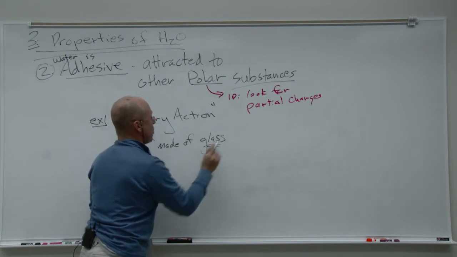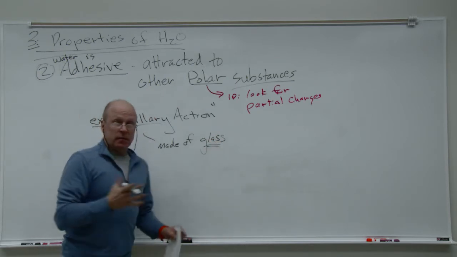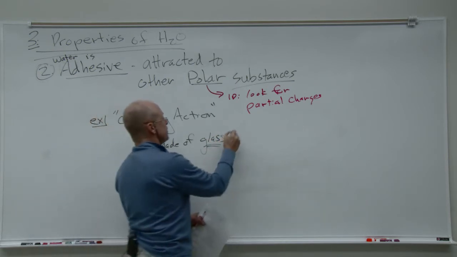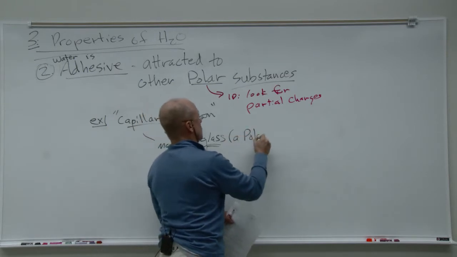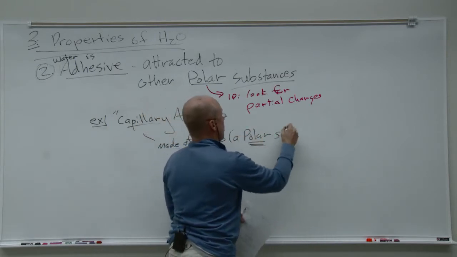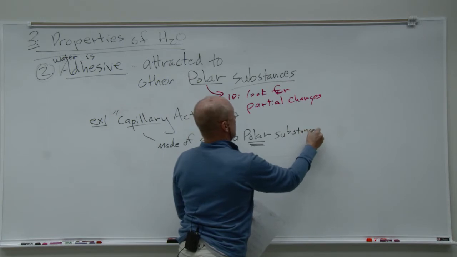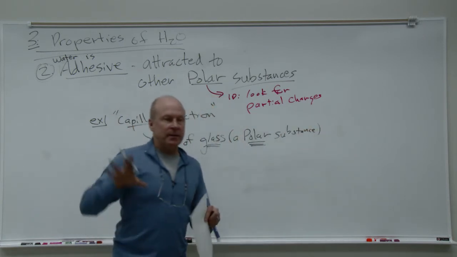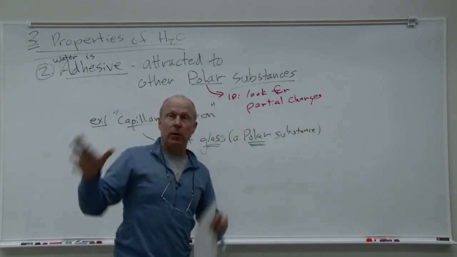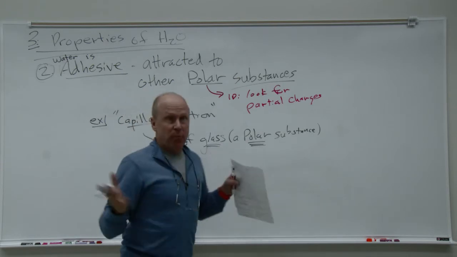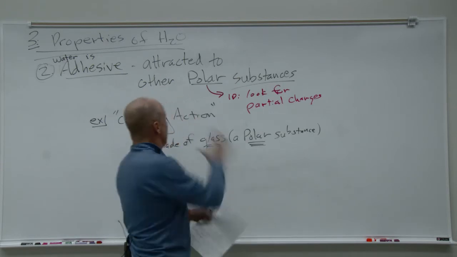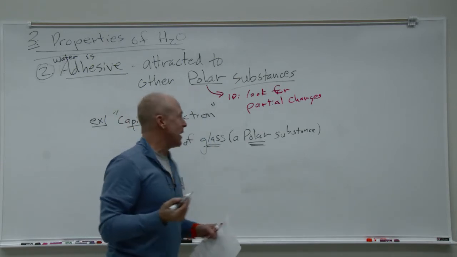And one thing about glass is that it is highly polar. So we know that glass and water, which are both polar, should be attracted to each other. That's the property we're demonstrating here, which is adhesion.